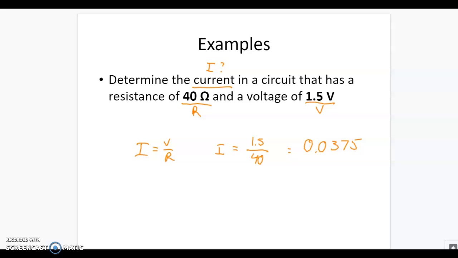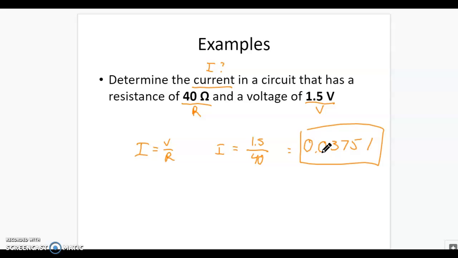0.0375. So when we get our answers, a couple things. You want to make sure that you know how to do this, set this up correctly. Many times people end up kind of flipping these around and thinking like, oh, I got a really small number, I must have done it wrong, and they'll just flip around the numbers. Don't do that. You have to set up the equation and you have to divide correctly or solve it correctly. So you get a really small current. Small currents are just fine, but you also need to have the correct unit.